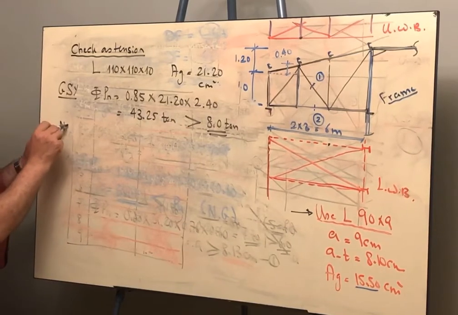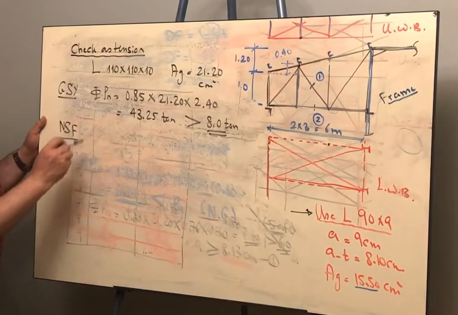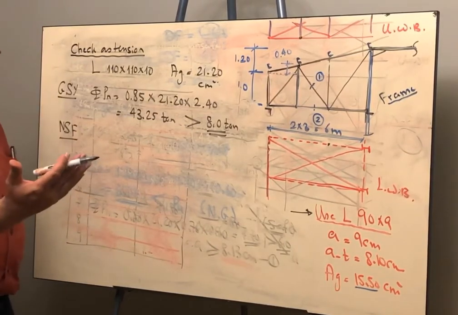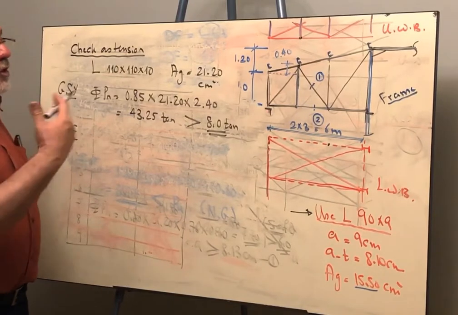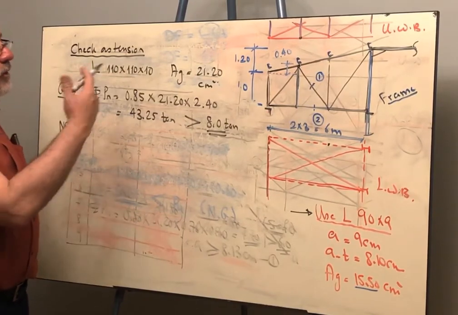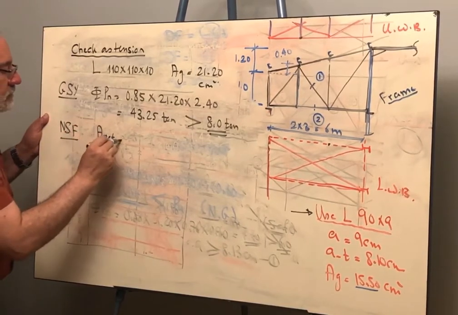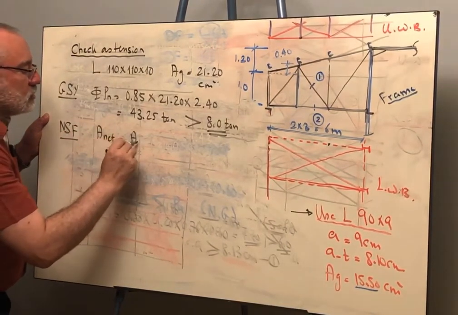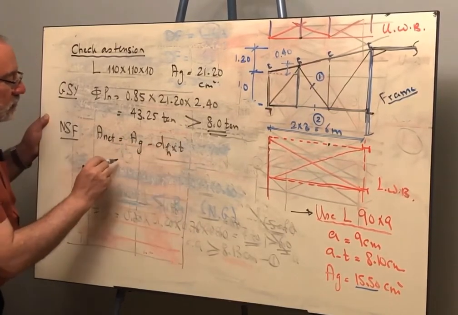For the net section fracture, we know that this member is bolted. We don't assume the net area to be 0.85 of the gross, because already we are having the bolt diameter. We have all the knowledge about the angle, so we can get area net will be area gross minus the diameter of the hole times the thickness of the angle.